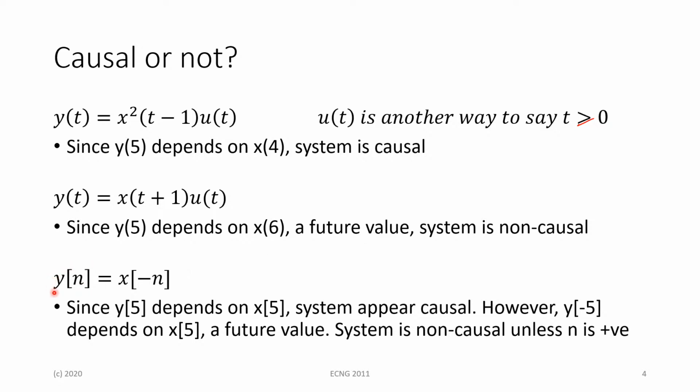And our last example here, this is something you need to pay attention to once we start inverting the signs here for t or n. So we can say basically that if n was equal to 5, this will depend on x of minus 5, need to correct that as well.